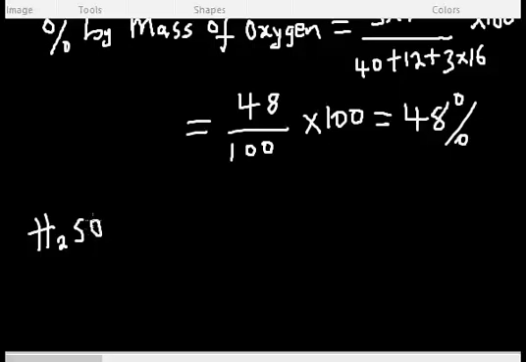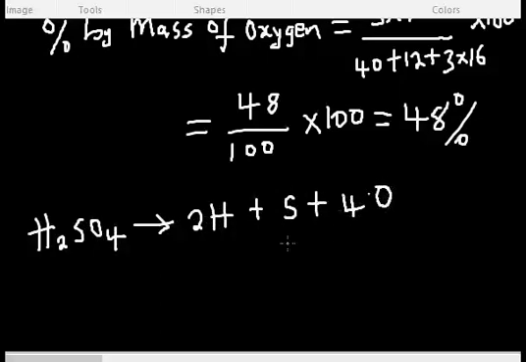H2SO4, which we know very well is made up of 2 atoms of hydrogen plus 1 atom of sulfur plus 4 atoms of oxygen.